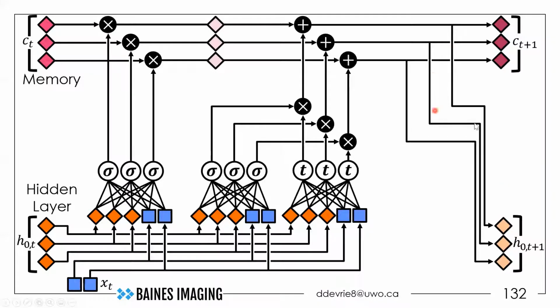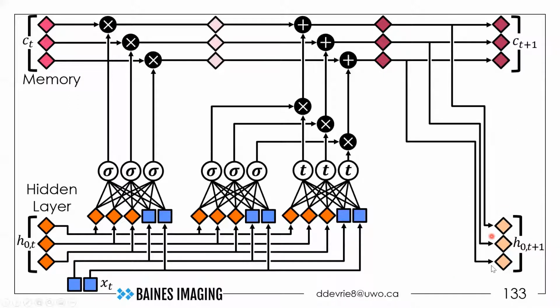And similarly for the second, similarly for the third. So that's definitely one way that we can do it. And it's important to note that this operation of taking the value out and passing it to the output doesn't change the value of the memory. So we can see dark pink, dark pink. Taking this value didn't change the memory at all. It didn't reset it, let's say.